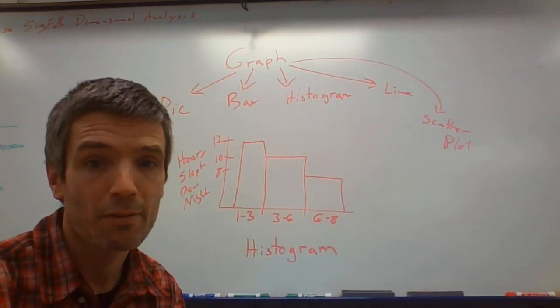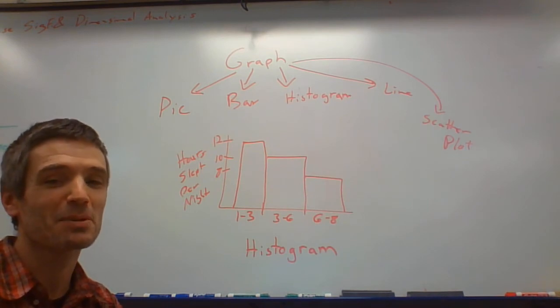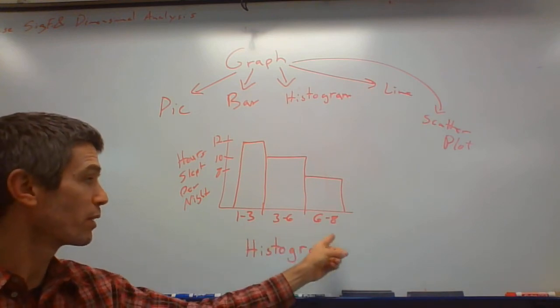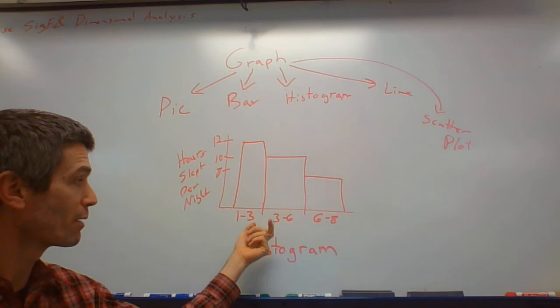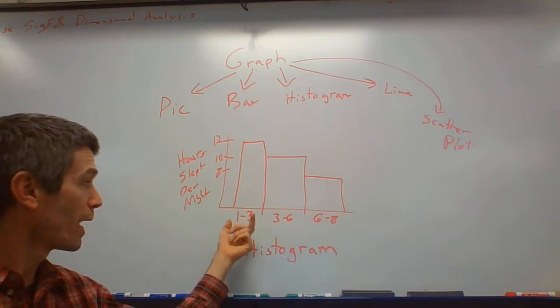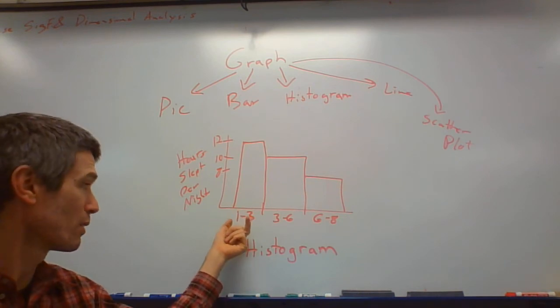The third type of graph is a histogram, and a histogram is a specific type of bar graph where your x variable has been chunked together into categories, so to speak, but it's quantitative data that's been chunked together.